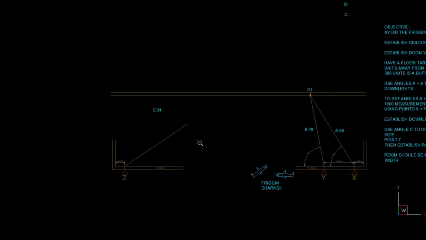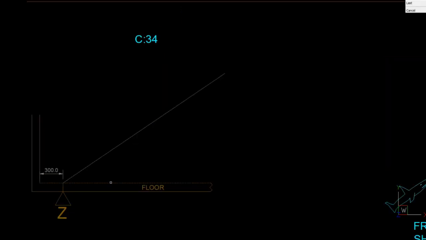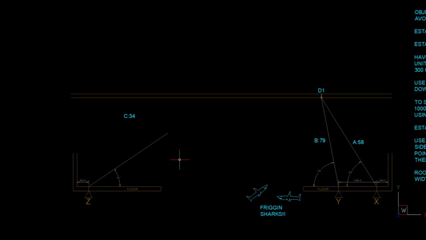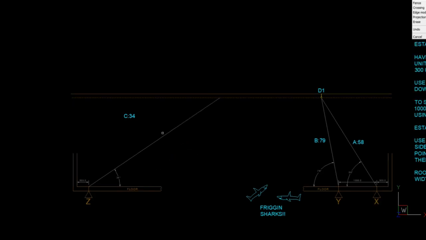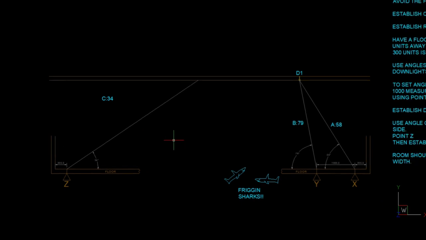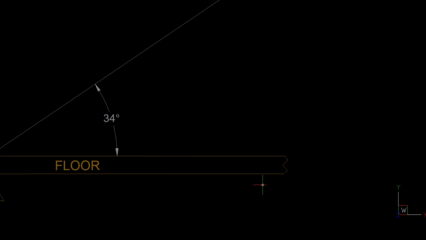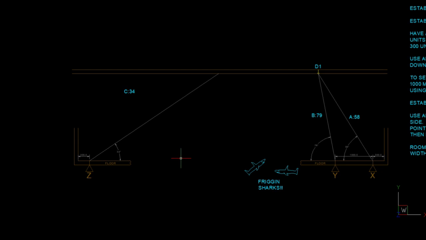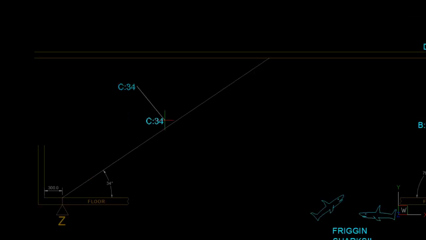And guess what? Because I know that I'm 300 out and I'm at a 34 degree angle, which I can verify just here, 34 degrees. If I extrapolate that to the ceiling, I can move the floor node over here and move out our busted floor over there, and I'll move this down over to here.